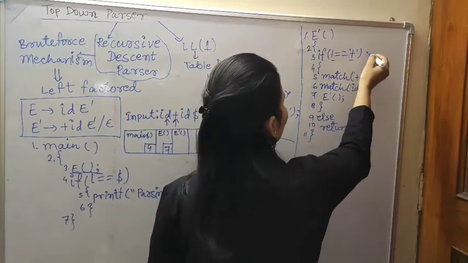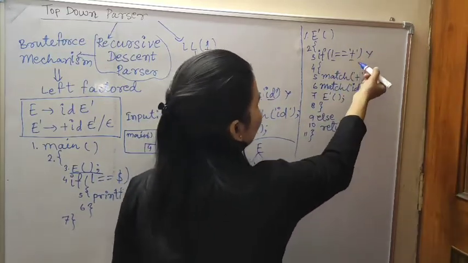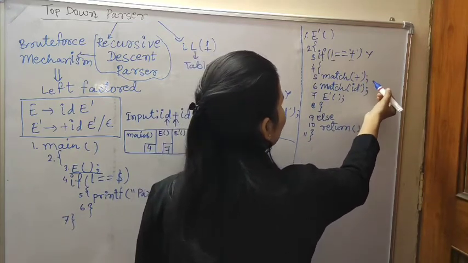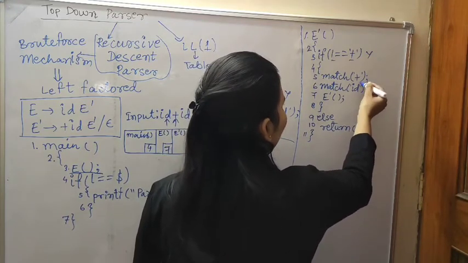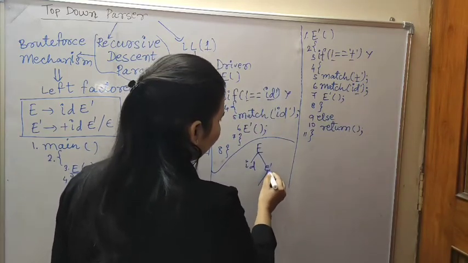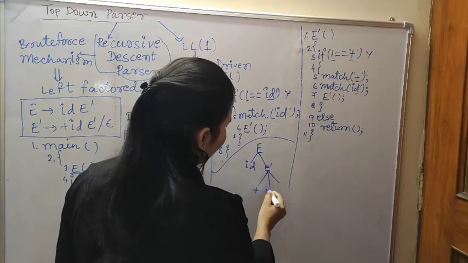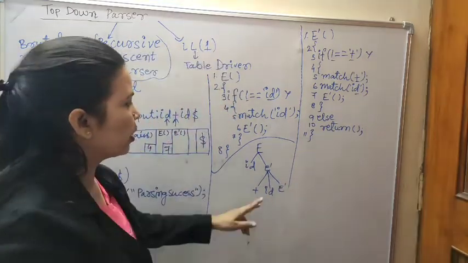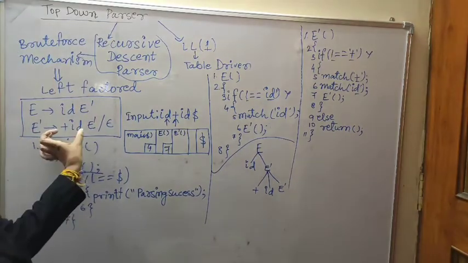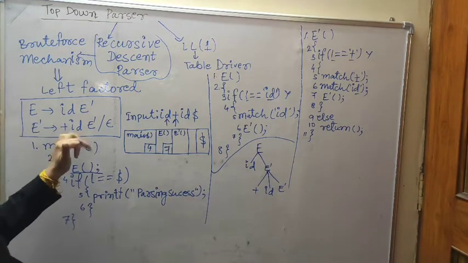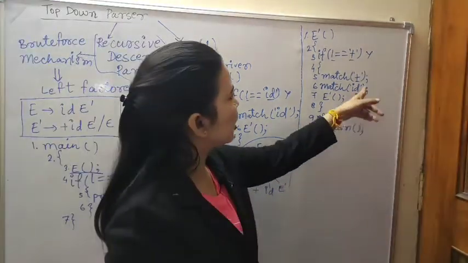Plus is equal to plus, yes. Then match plus and id and then E dash. That means we will print plus id and then E dash. So here we write plus id E dash. This production rule is E dash to plus id E dash. Listen, so we have matched.